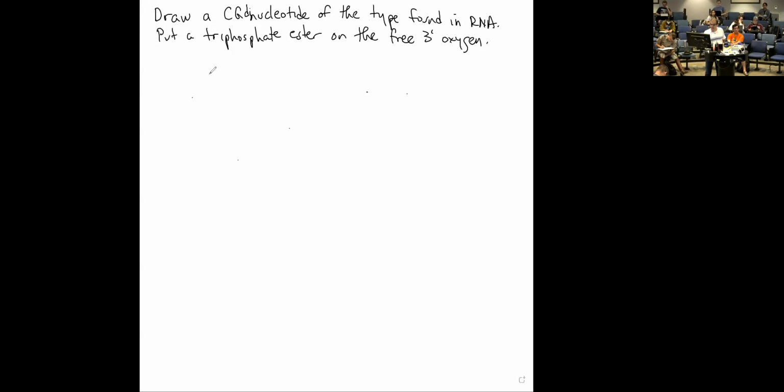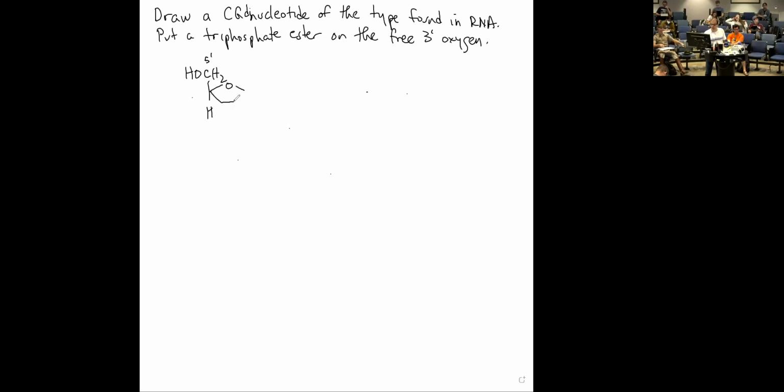Well, we already know it's of the type found in RNA, so we need to make sure we have both OHs in our ribose, or at least both oxygens. On the 3' oxygen, that means the free 5' oxygen is still going to be just OH. That's my free 5' oxygen.